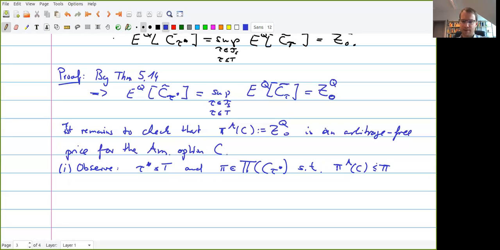Okay. So why is this the case? Well, we have a complete market. At some point we want to use that we have a complete market.